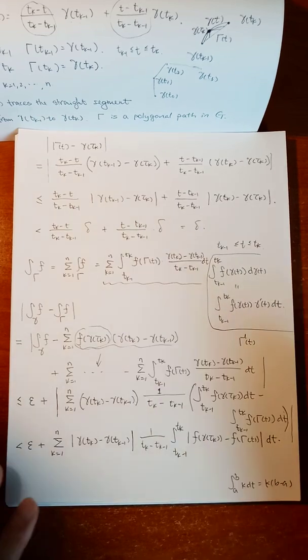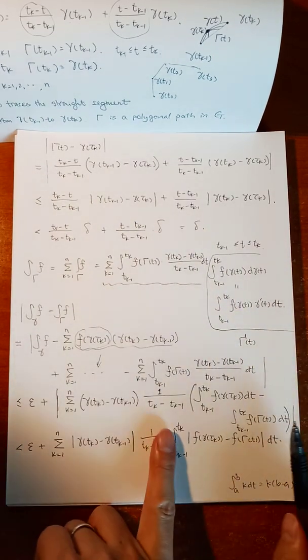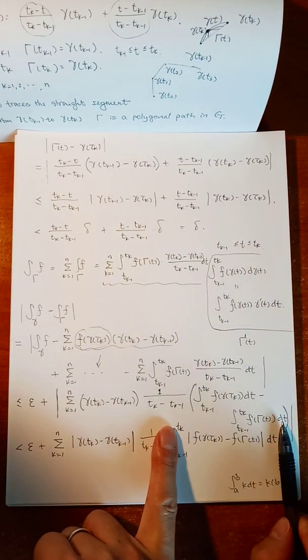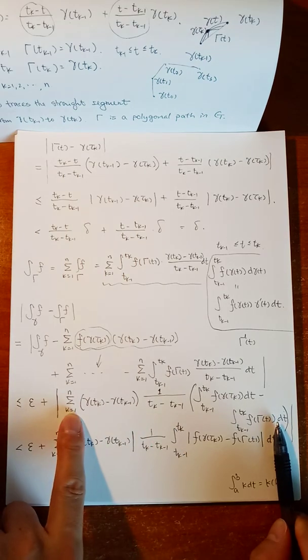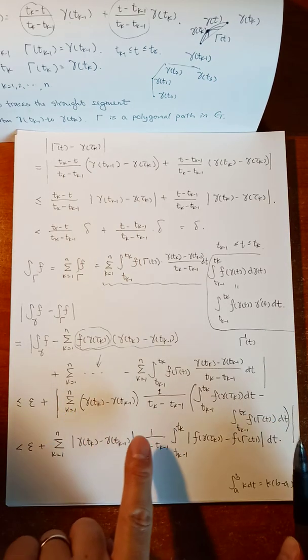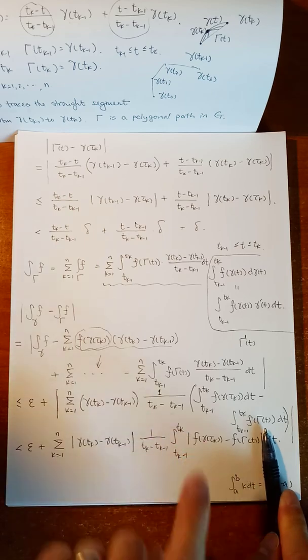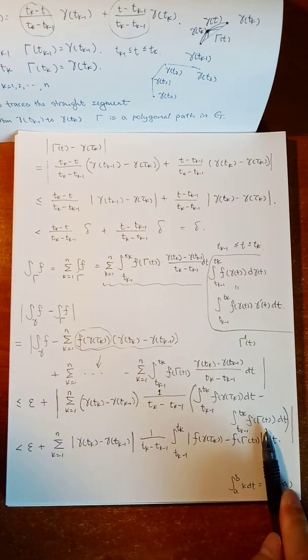And we continue moving it into the integral, dt. First we pass the absolute value into the sigma, that's the triangle inequality, and then we pass it inside the integral.